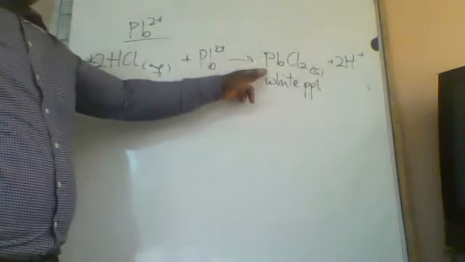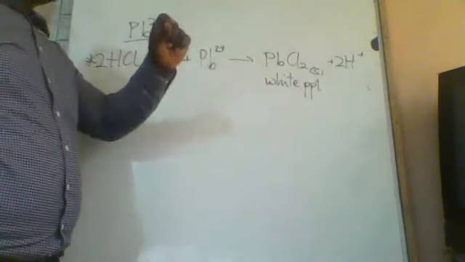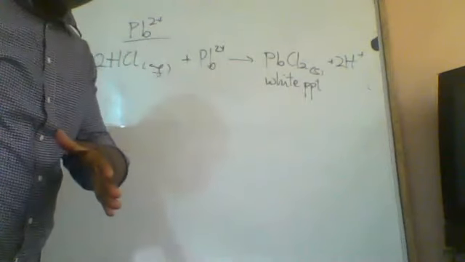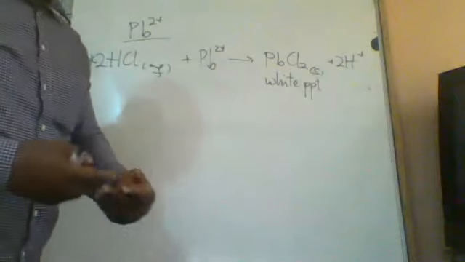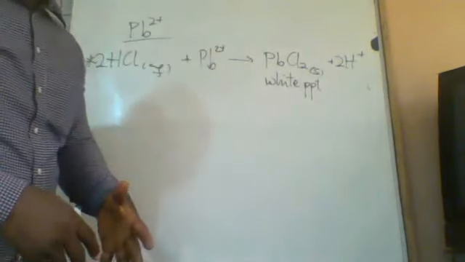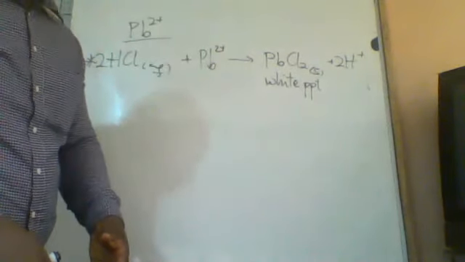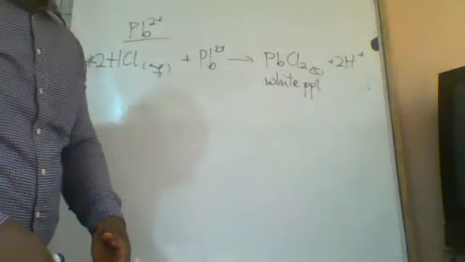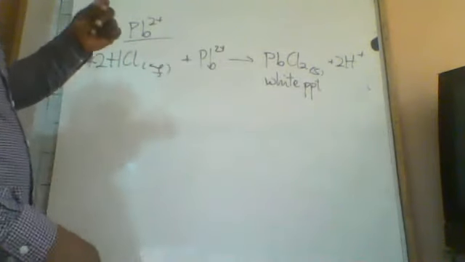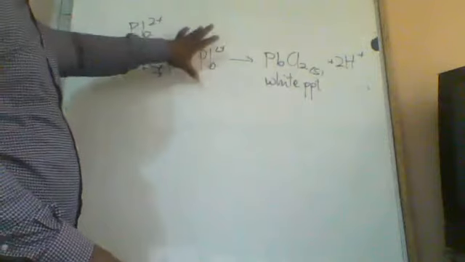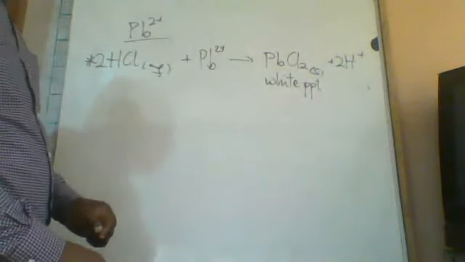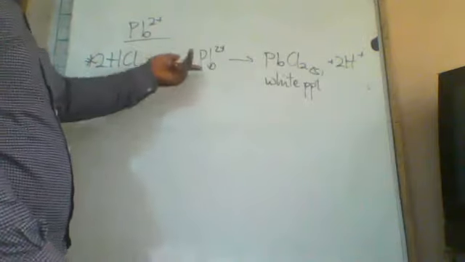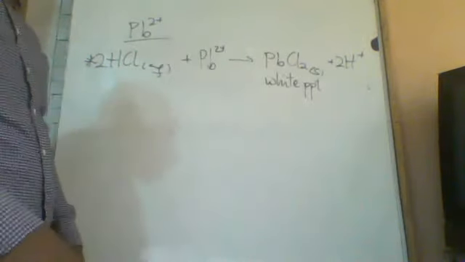Now, this white PPT which is formed is soluble when hot, and the crystals reappear on cooling. So you have suspected a test reagent to contain lead, and you want to perform a confirmatory test on it.